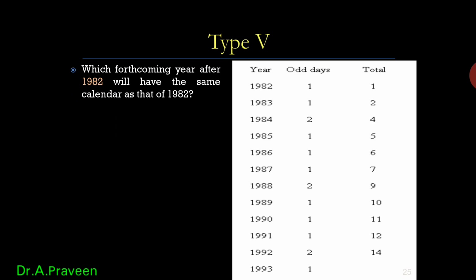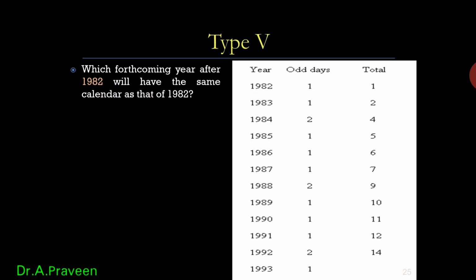Whenever you get a multiple of 7, you have to stop at that stage and check whether the next year has the same calendar as that of the given year. Here we get 7, so therefore the next year 1988 may have the same calendar as that of 1982. It may or may not, that we have to decide.